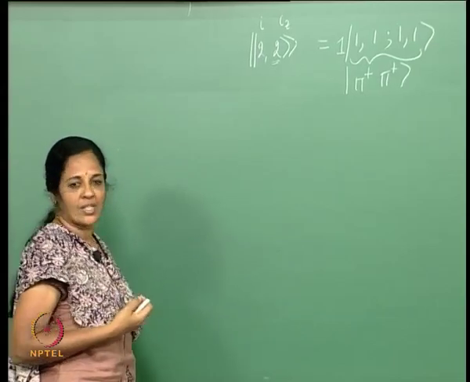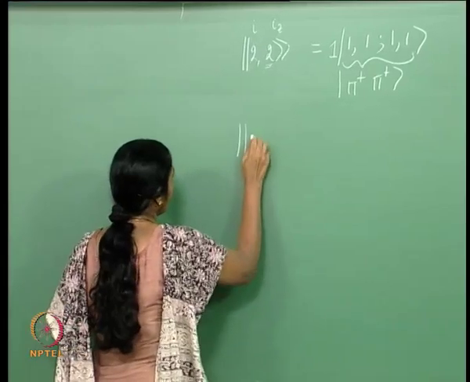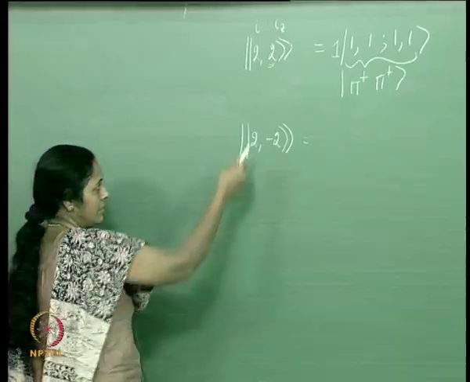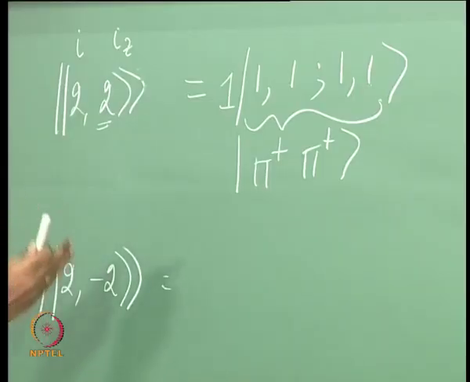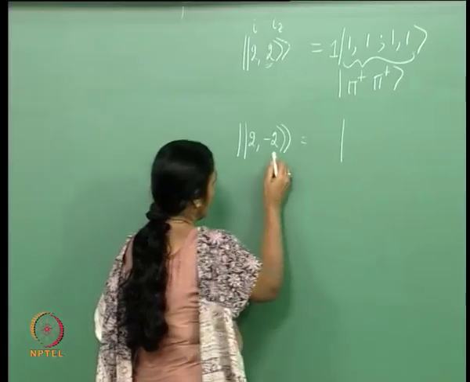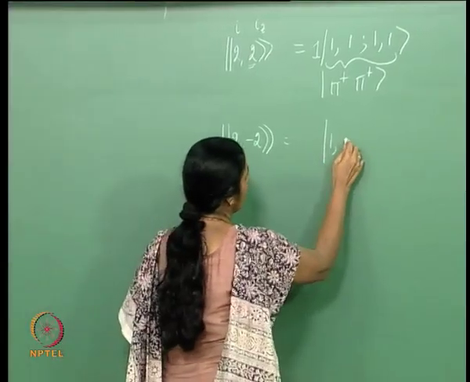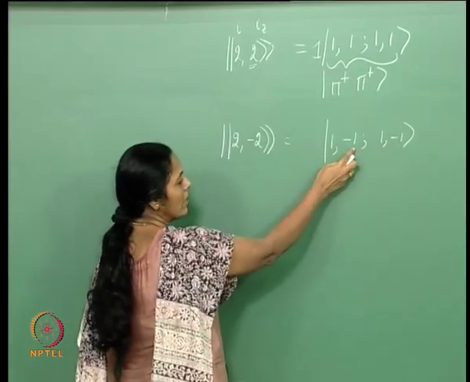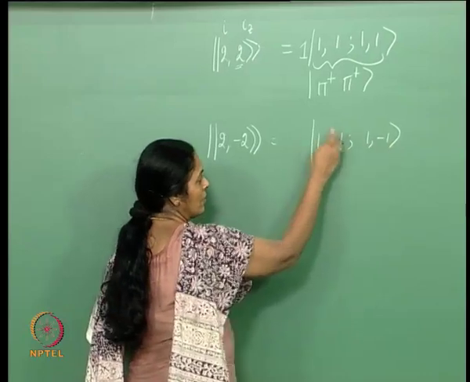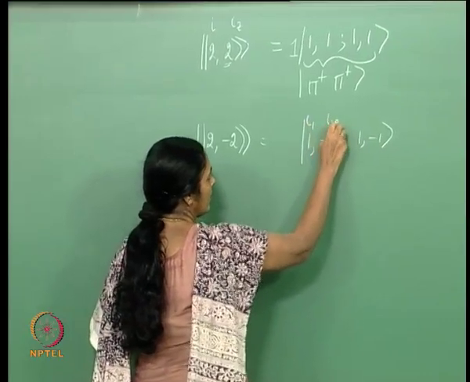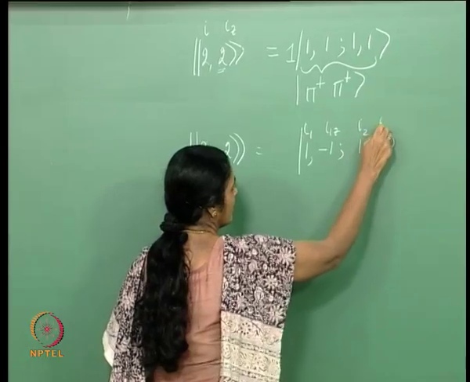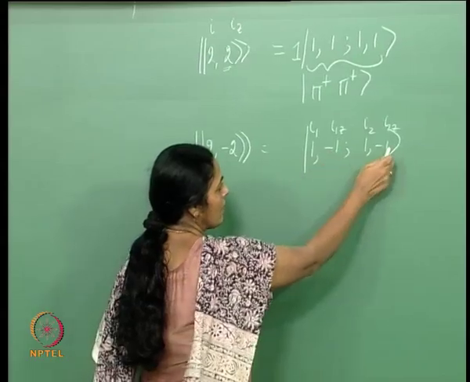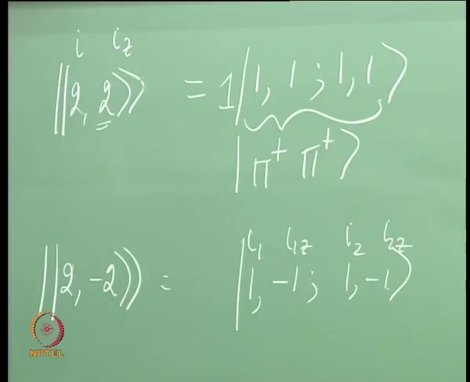There is another stretched case as well, and that is 2, minus 2. On similar lines I can argue, and I can see that minus 2 can only arise from the uncoupled basis states 1, minus 1 and another 1, minus 1. This is I1, that's I1z, that's I2 and that's I2z. So minus 2 really came from minus 1 plus minus 1.